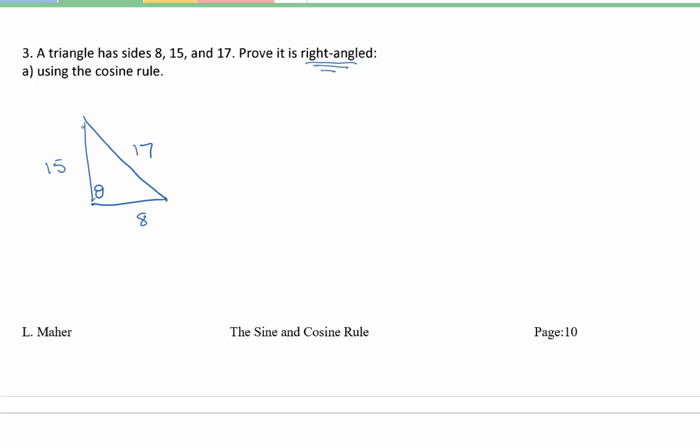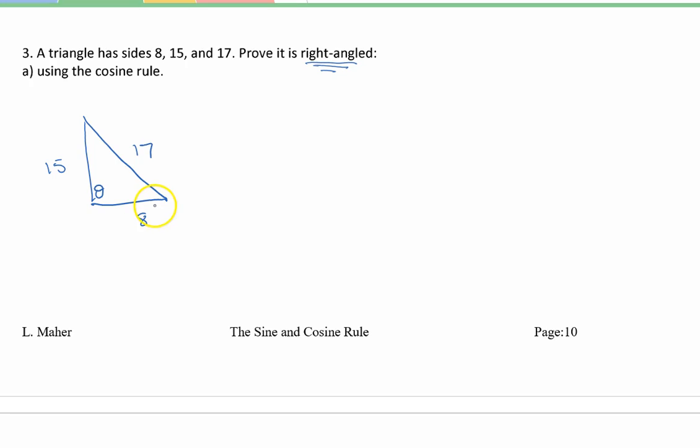So maybe this question's set up to test that you do know that the longest side is always opposite the biggest angle. And in a right angle triangle, the biggest angle, there's nothing bigger than 90 degrees. You can't have that.